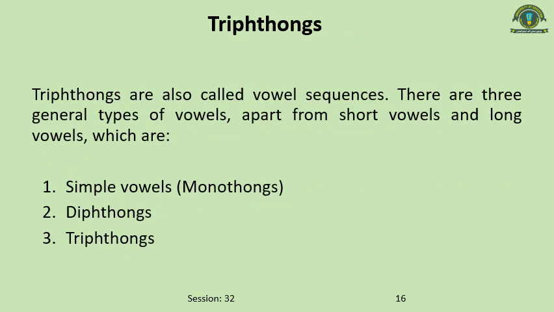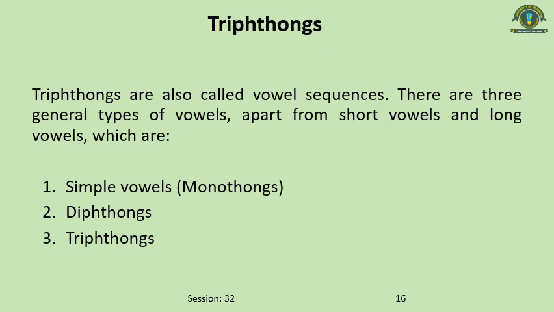Now remember, my dear students, triphthongs are also called vowel sequences. There are 3 general types of vowels, apart from short vowels and long vowels. Simple vowels, which we named monophthongs, diphthongs, and triphthongs.